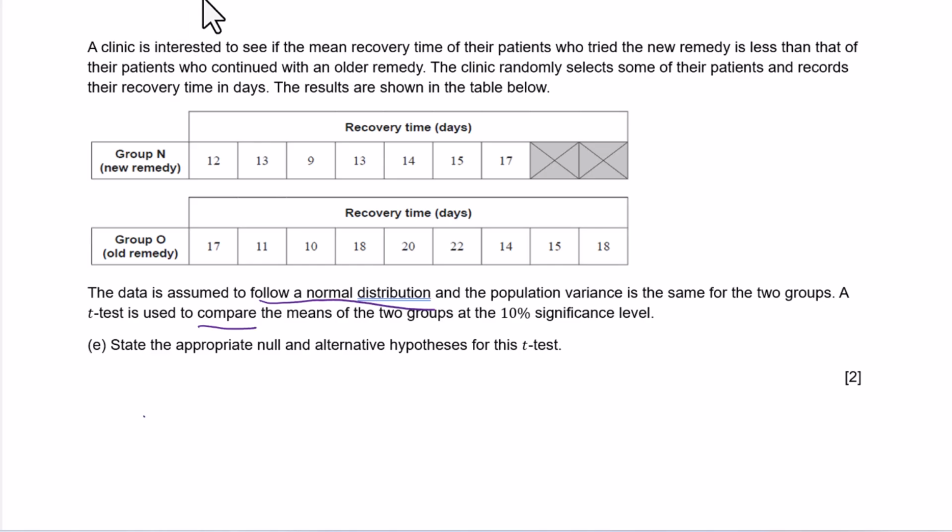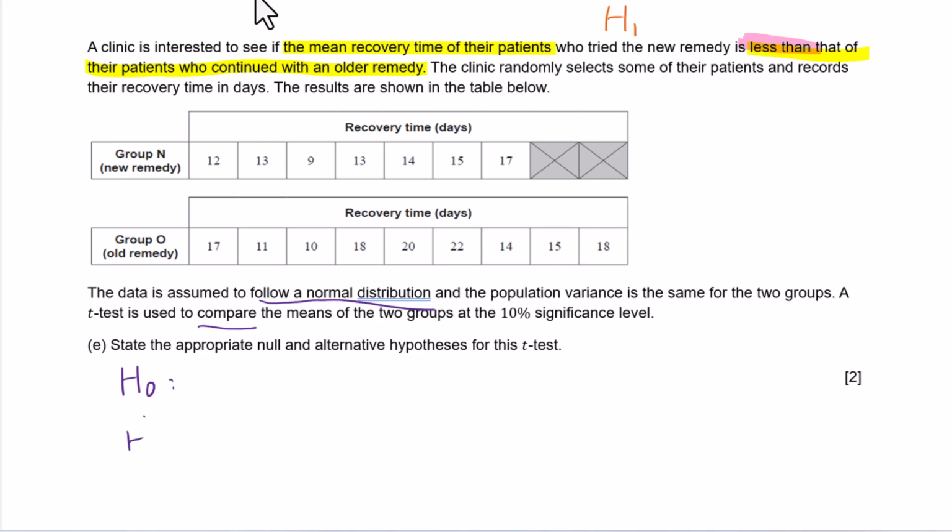You need to go back to check what this clinic wants to know. They want to see if the mean recovery time of their patients who tried the new remedy is less than that of their patients who continue with the older remedy. The keyword here is "less than", which means this is H1. H0 will be equal to each other.